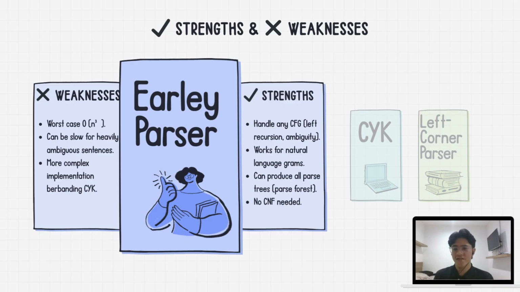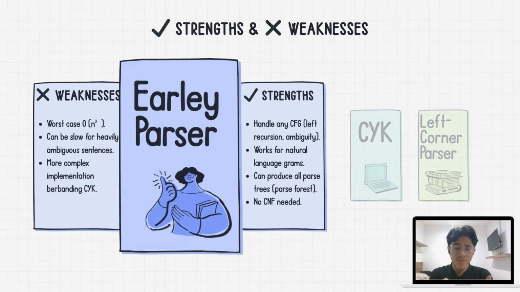The next strength is that it can produce all parse trees using a shared parse forest. Last but not least, there is no need for CNF conversion, so the grammar stays simple. I can say that the Earley parser algorithm is efficient for many real-world grammars.